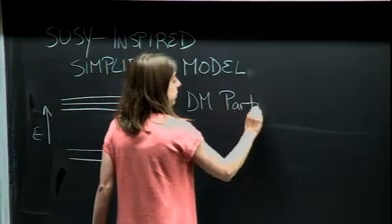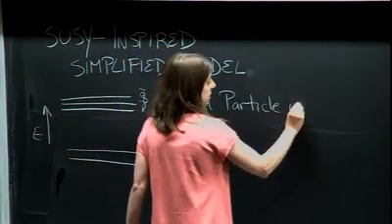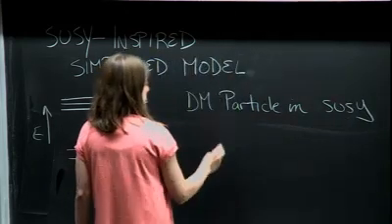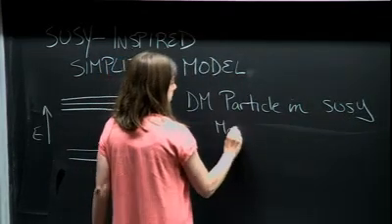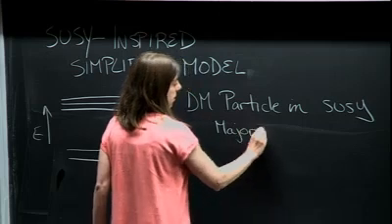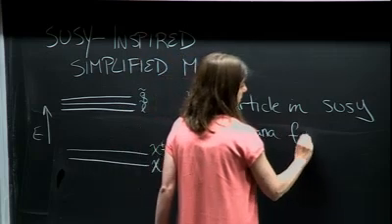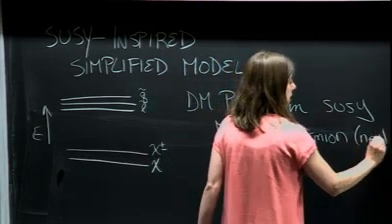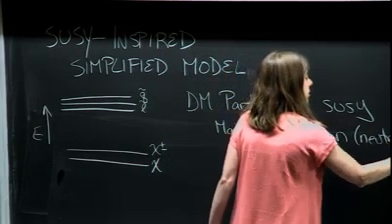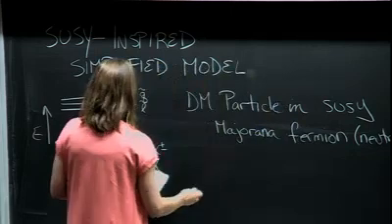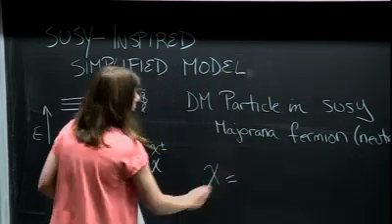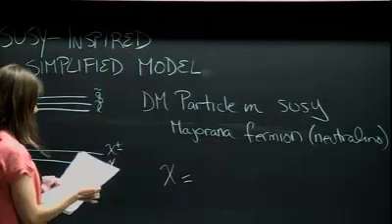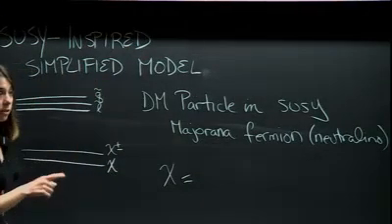So the dark matter particle in these SUSY models is a Majorana fermion. It's the neutralino. And it is essentially just the mass eigenstate of a linear combination of the gauginos and Higgsinos.